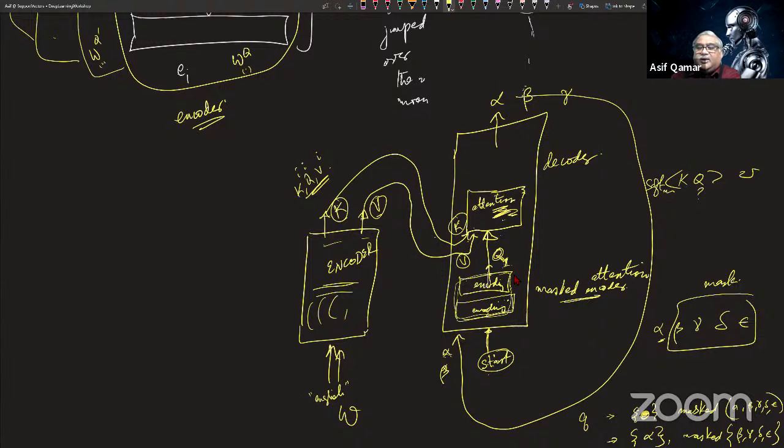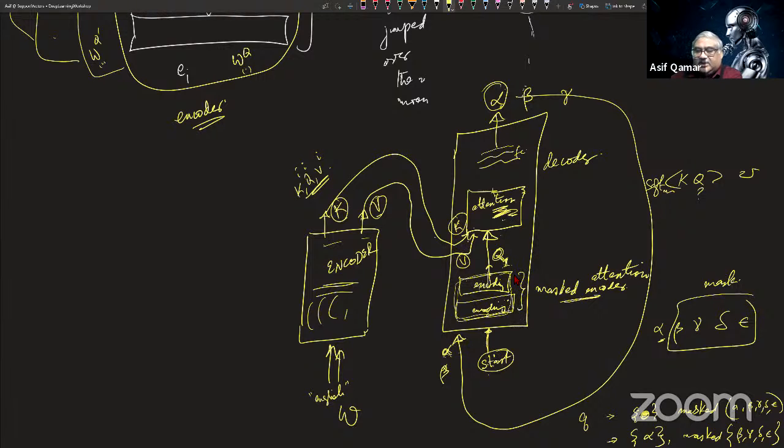So you can go ahead and produce some word. You encode and ultimately apply a classifier, fully connected layers, and the usual thing. So you come to the conclusion that alpha is the best Spanish word to produce. You produce it based on the attention. Then once you have produced alpha, the next time around, this is the recurrent part, you feed alpha into this lower box, the masked attention.